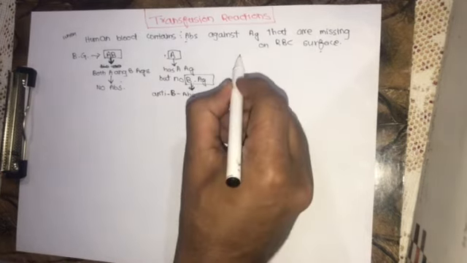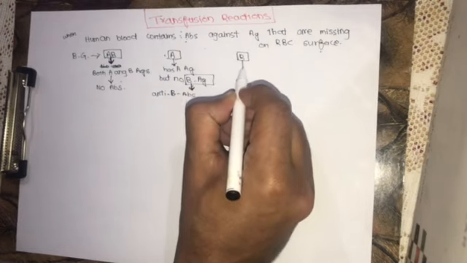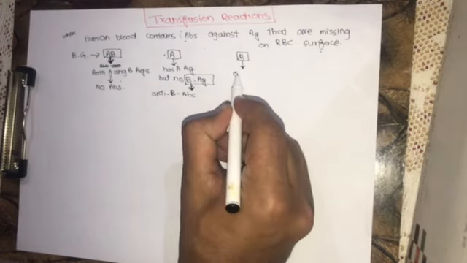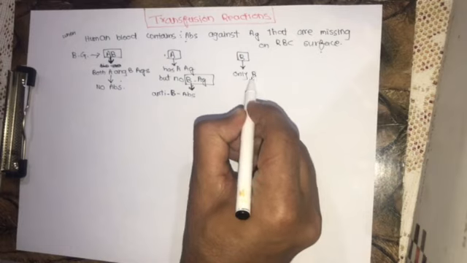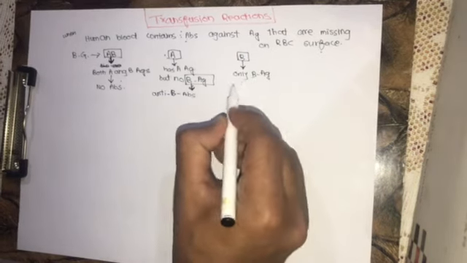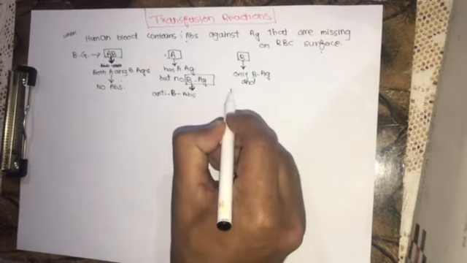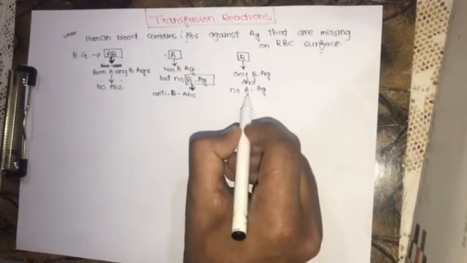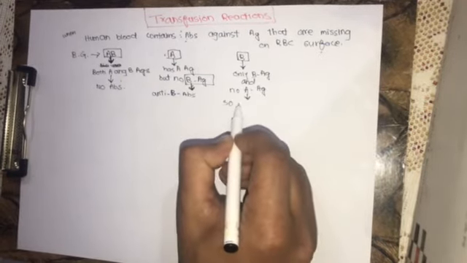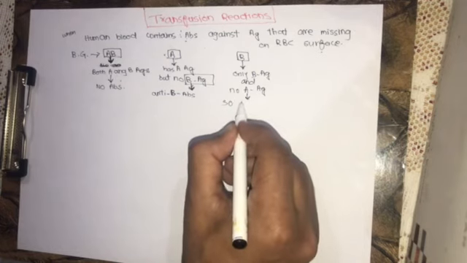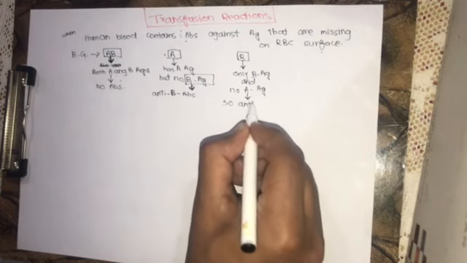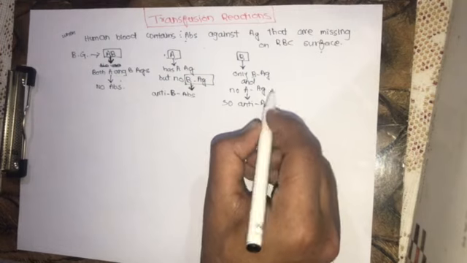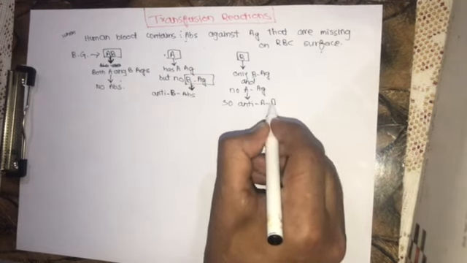Similarly, in blood group B, there is only B antigen and no A antigen. So there will be anti-A antibodies.